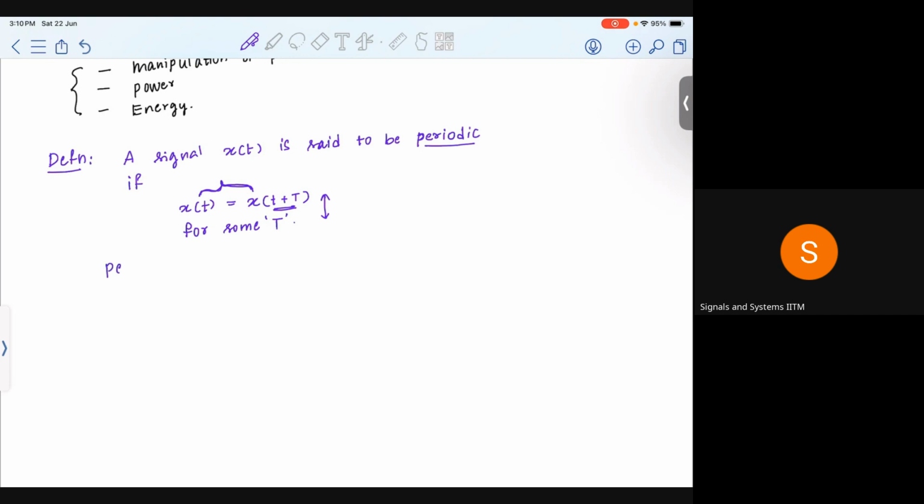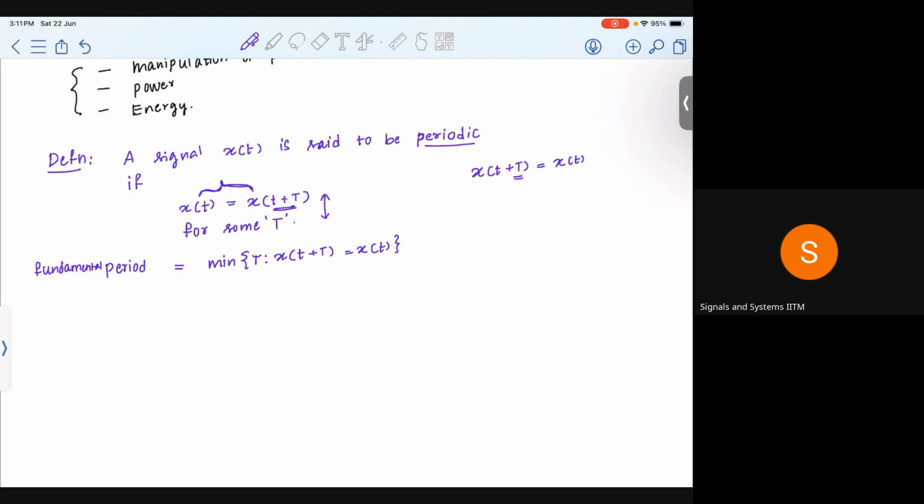So if this happens, then we call the signal periodic. And the period of such a signal, also known as the fundamental period, is the minimum T such that x of t plus T is x of t. So I repeat, if for a signal x of t plus T equals x of t for some capital T, then such a signal is said to be periodic.